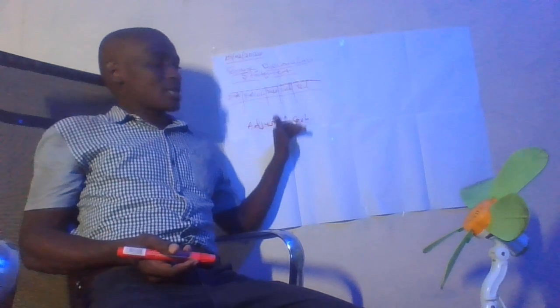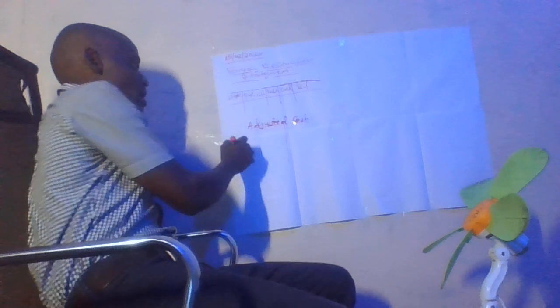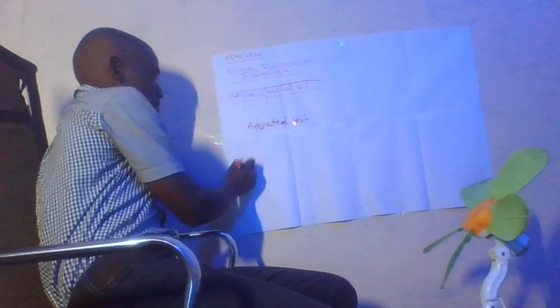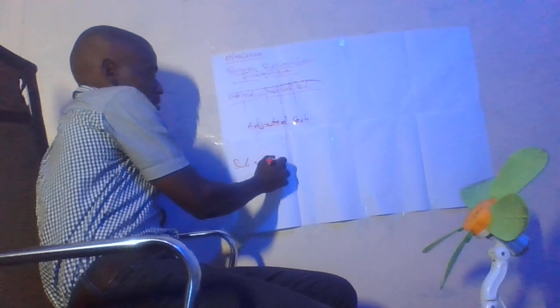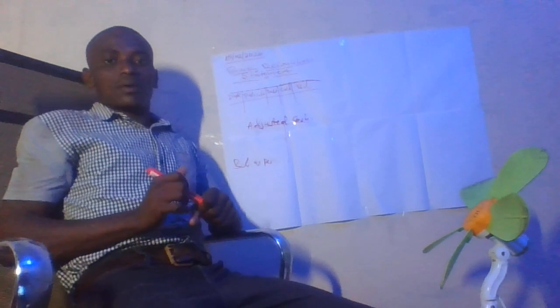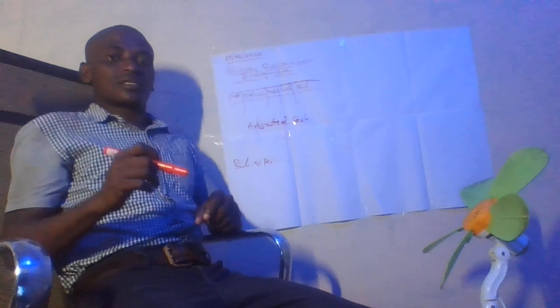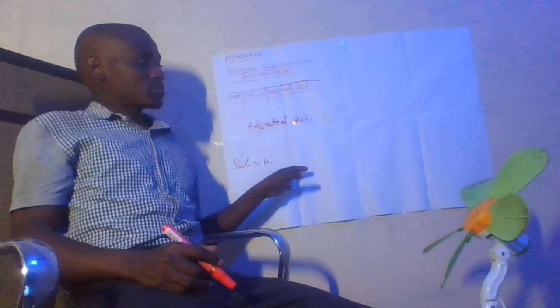Then after adjusting your cash book, you are going to get something called the balance as per adjusted cash book. That's the balance brought down.